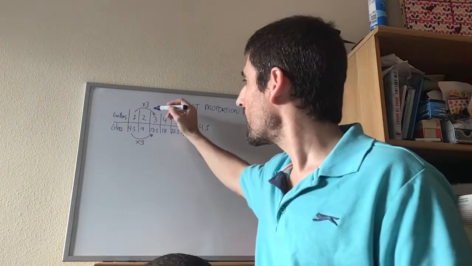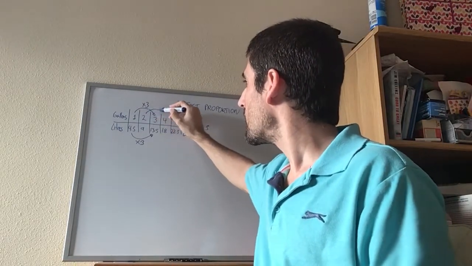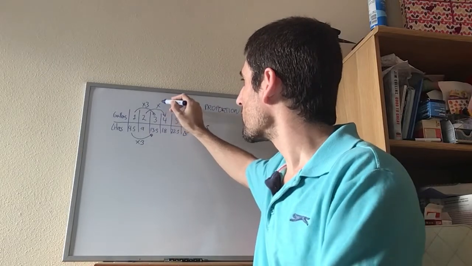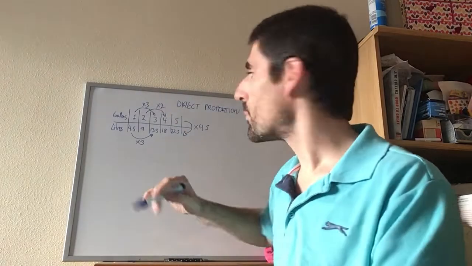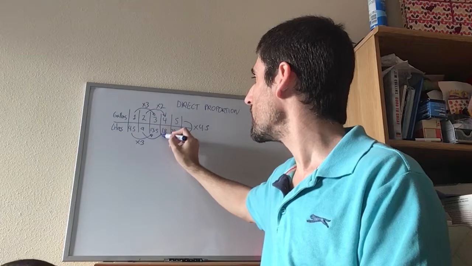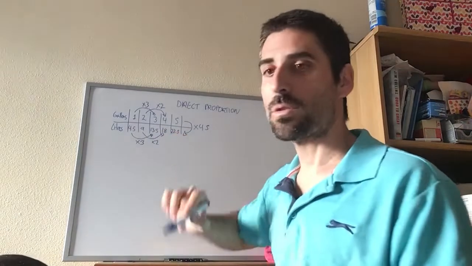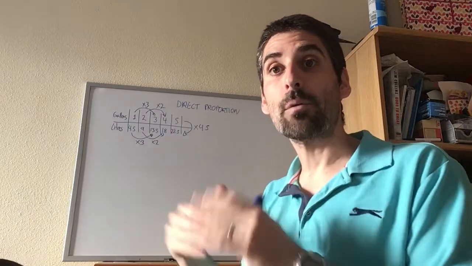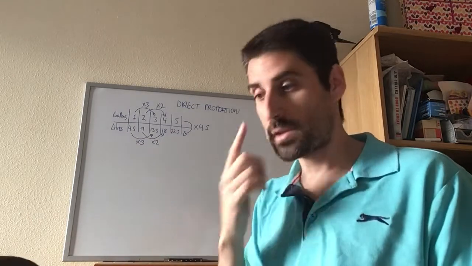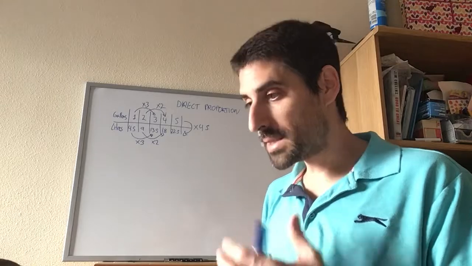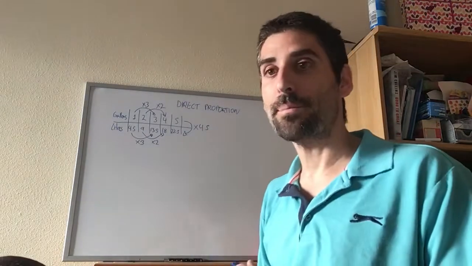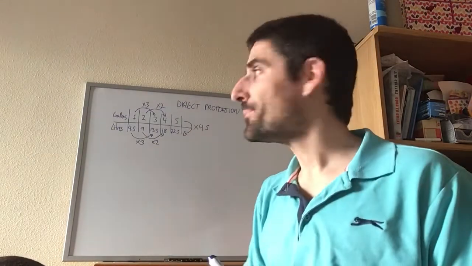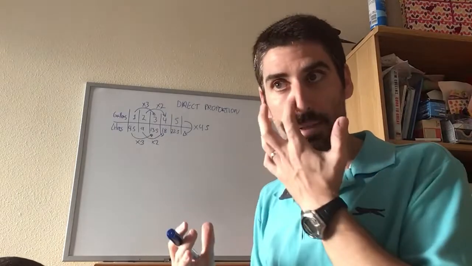Or, if I go from here to there, multiplying times 2, that proportion is the same as going from here to there, which is also times 2. So, that is what a direct proportion table looks like. That is direct proportion. Okay. So that's that, and you'll be able to recognize it.